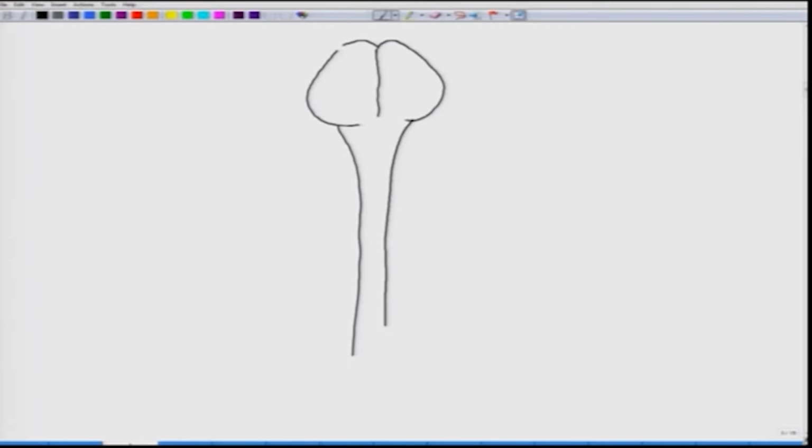Okay, if you remember when we talked about the ventral and dorsal pathway, so this is your brain, and this is the spinal cord, and out here is the ventral horn, like here, and there is a spot.